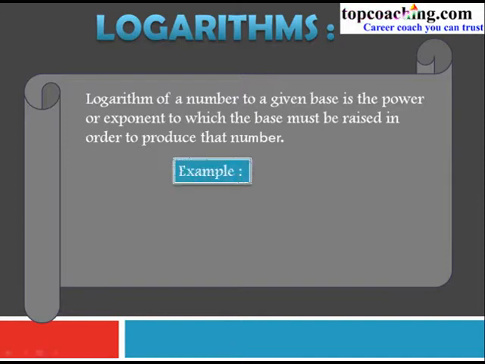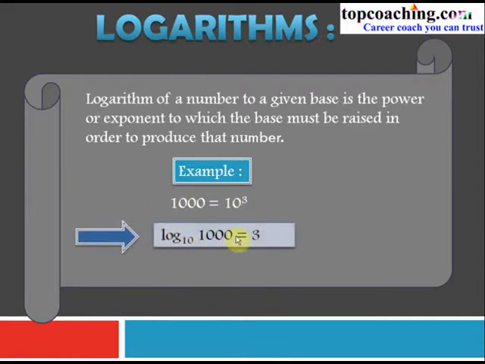Now let's take an example to understand this. We have an equation 1000 equal to 10 cube. We always know that 10 cube is equal to 1000. Now this is an exponential equation. If we want to convert it into a logarithmic equation, this would be log of 1000 to the base 10 is equal to 3. You clearly see that the logarithm of 1000 to the base 10 is the exponent to which this base must be raised in order to get the number 1000.